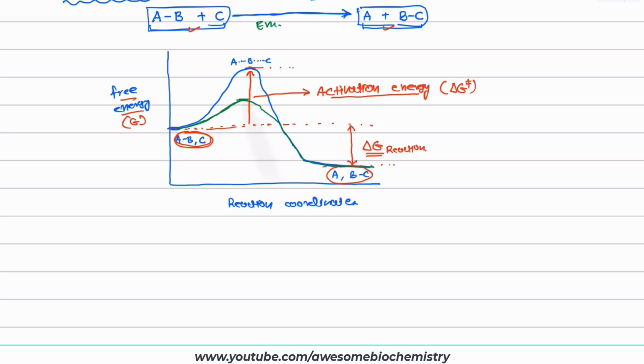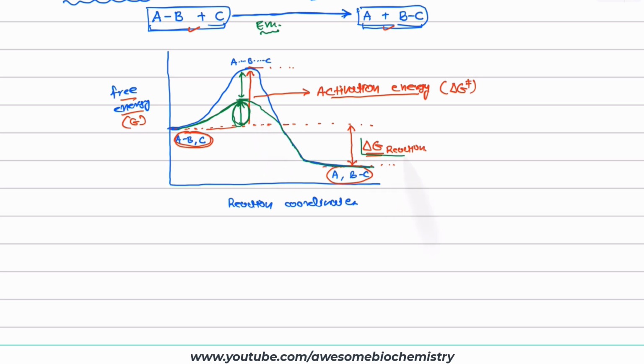Here, as you can see, when the enzyme comes into the picture, it brings down this activation energy by this magnitude, right? Because now less energy is invested, this reaction will become faster, and that is how the enzyme carries out its catalysis.